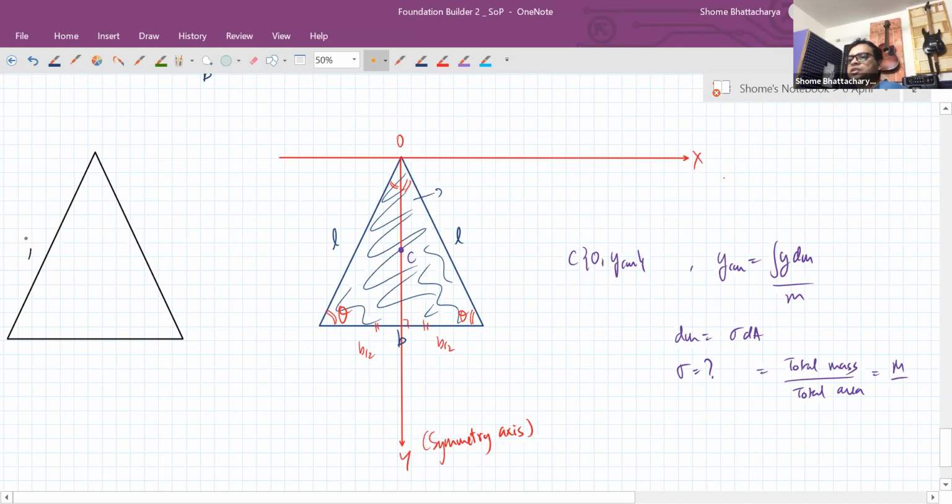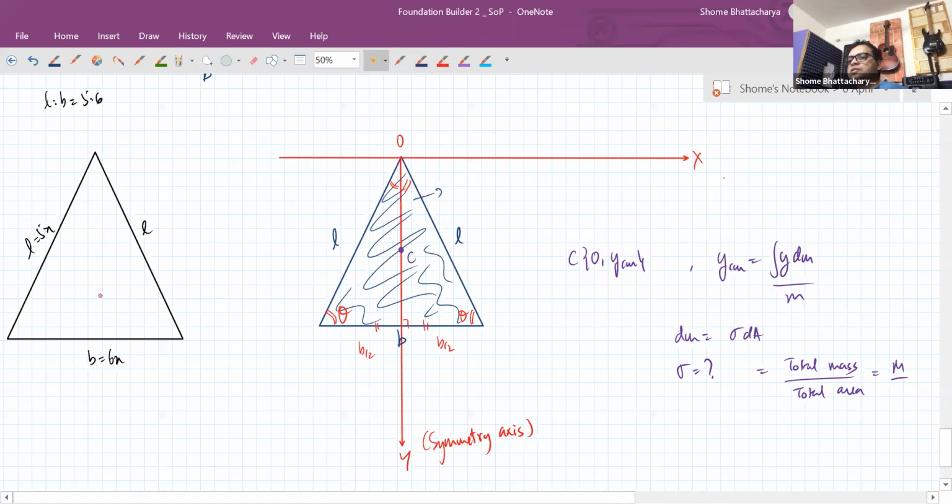Now look, what was our L is to B ratio? It was 5:6, right? Yes, sir. Okay. So I can write this as, let's say, 5x. Then this is 6x. So this will help me figure out the geometry of this triangle.